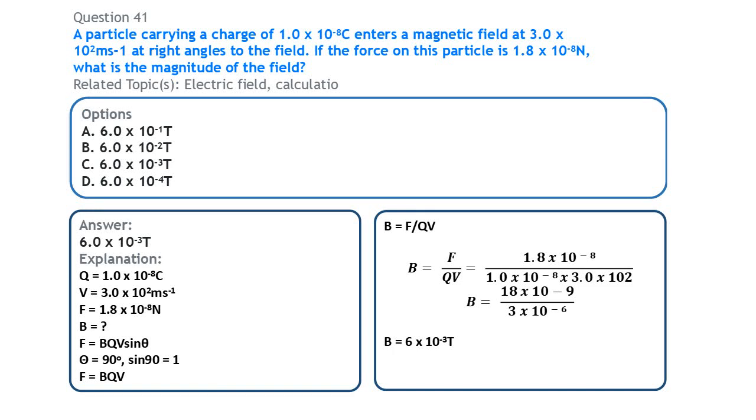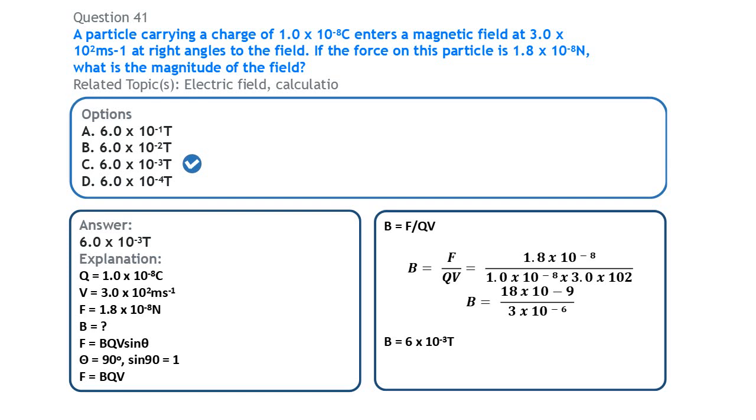All right, sine theta here is going to be sine 90, and sine 90 is equal to 1. So this formula here is going to reduce to BQV. Okay, since sine 90 is 1, we just have F is equal to BQV. In the question, we have to calculate the magnitude of the field, which is this B. So to obtain that, we are going to divide both sides by QV.